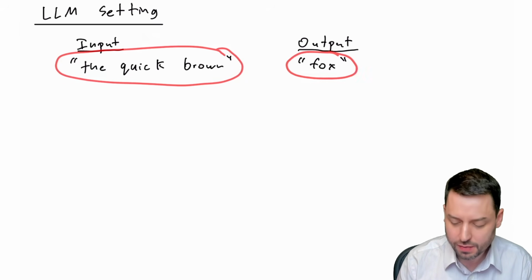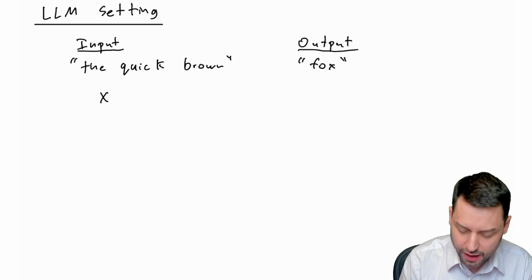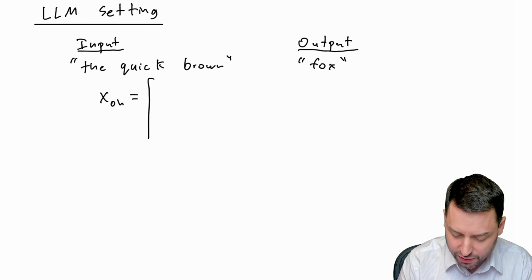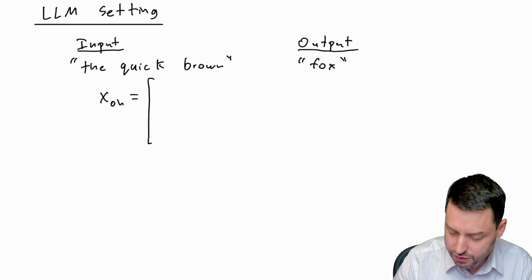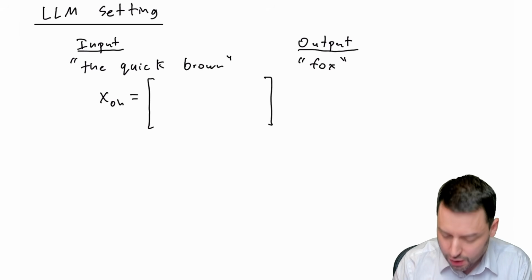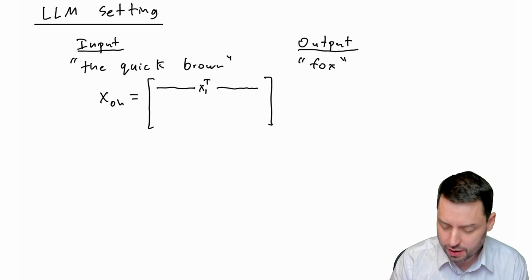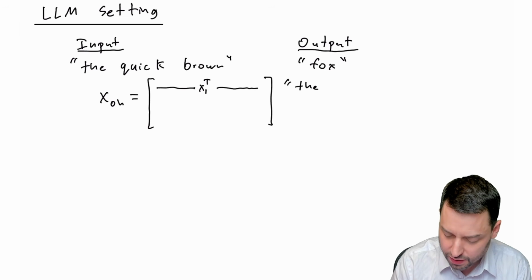And the goal was to build a model that maps from this input to this output. Remember, the way we did that was we formed this input matrix, which we formed as a one-hot, so I'll call it OH there. In this case, it would have 3 rows and a whole lot of columns, where this first row, which I'll call X1 transpose, corresponded to a one-hot encoding of the word "the."